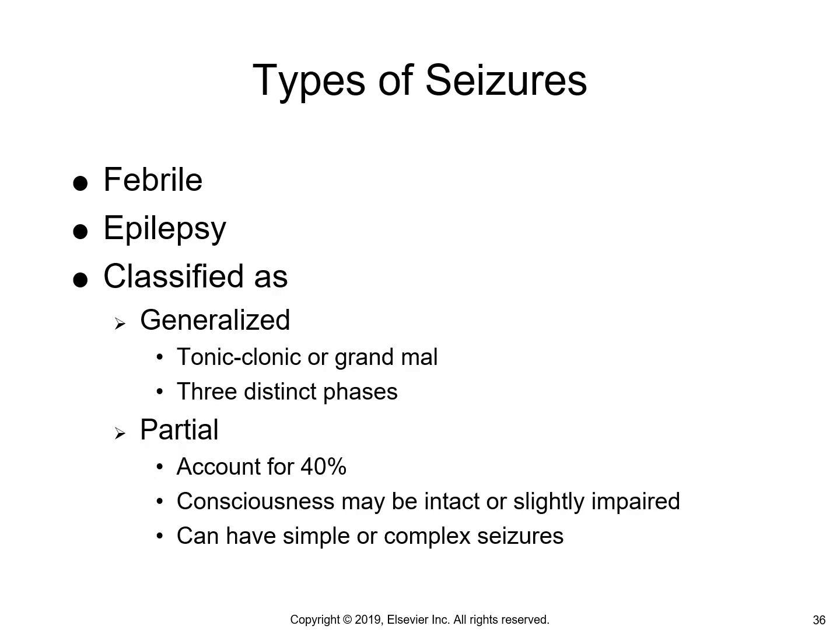Okay, types of seizures. So you have your febrile seizure, and then we have epilepsy, classified as generalized and partial. Febrile seizures are a condition that's common in children between 6 months and 5 years of age.